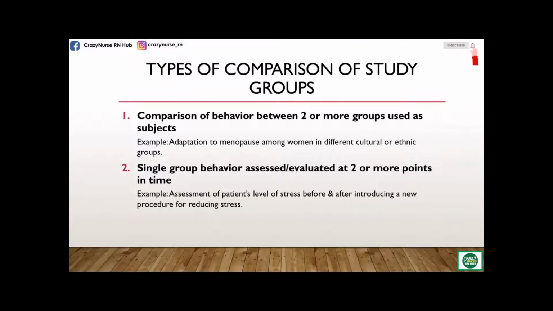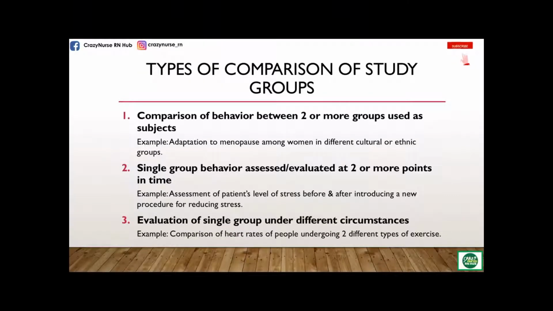For example, assessment of patients' level of stress before and after introducing a new procedure for reducing stress. Lastly, we have evaluation of single group under different circumstances. Example, comparison of heart rates of people undergoing two different types of exercise.